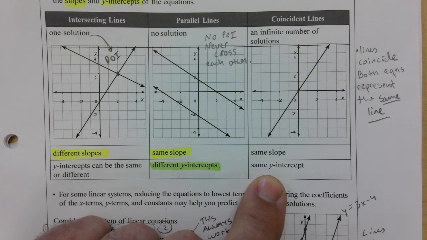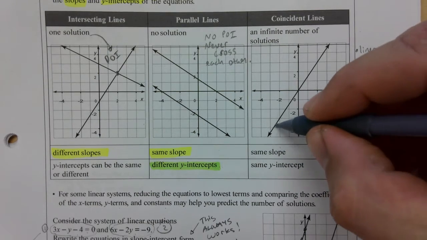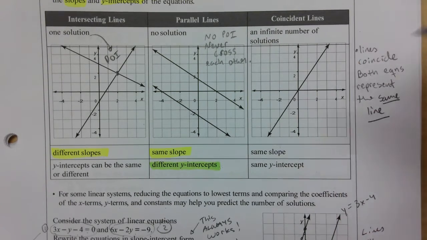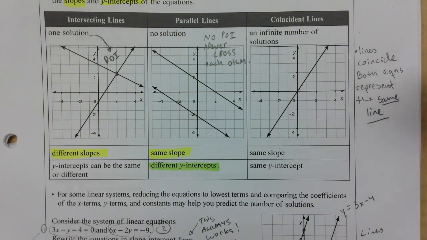Both equations are actually talking about the same line. Because one is stacked over the other, we have an infinite number of solutions. It's just like they're touching in every single point. They are coinciding, okay? So there's an infinite number of solutions.